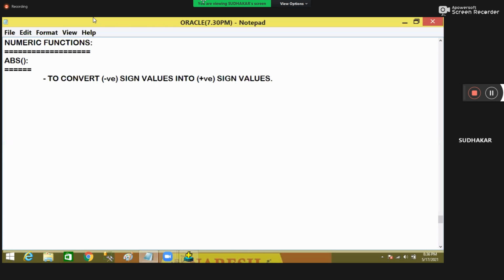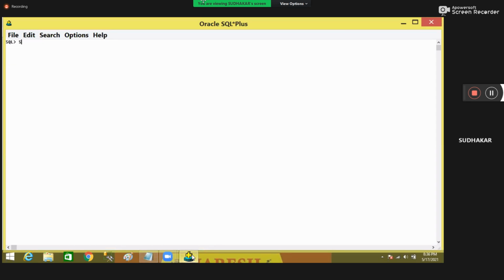Now let's see an example. Select ABS(-12) from dual. Along with my ABS function, I have given -12.